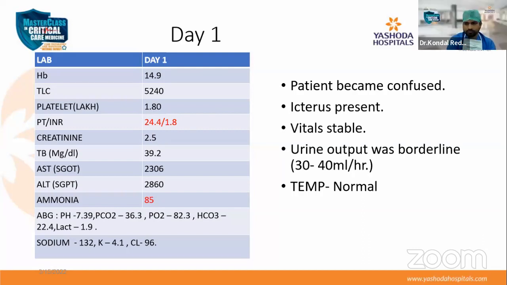Yes. What are the general measures? Okay, general: fluids and stress ulcer prophylaxis I will write, and encephalopathy measures like I will start an oral non-absorbable antibiotic and enema and lactose syrup, like nutrition.